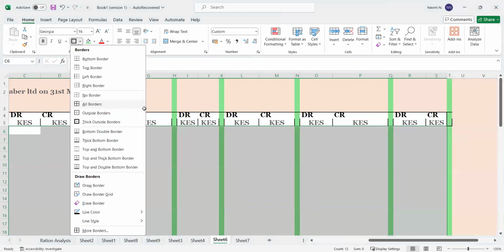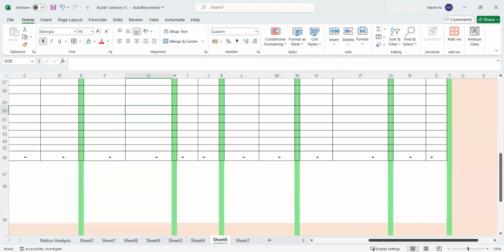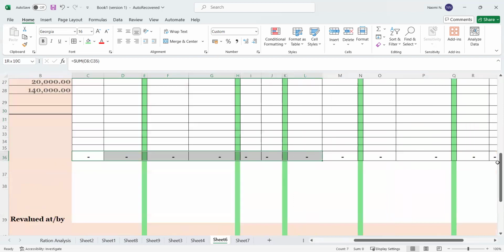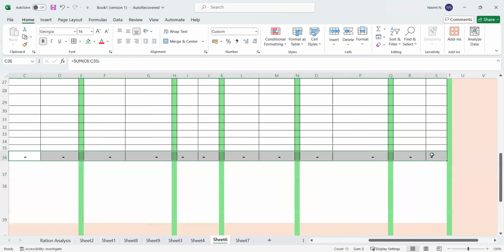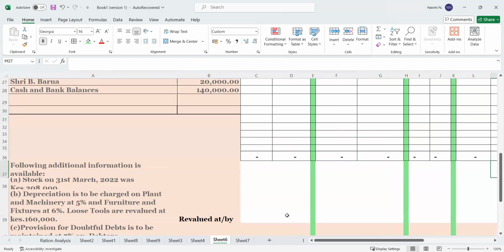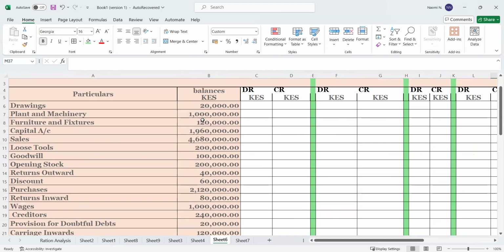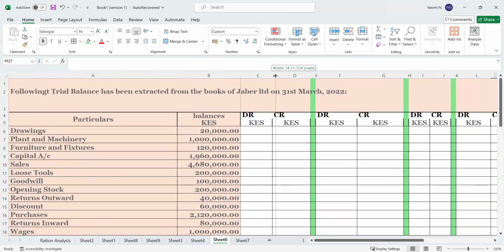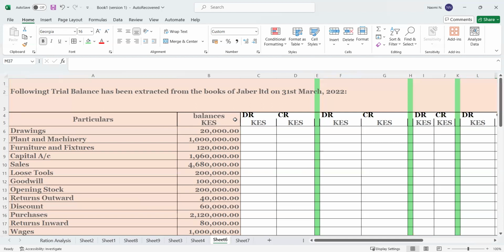Columns here. Then we can have this in bold, Control B. Okay, sawa sawa. So we can start. So drawing, because drawing is a debit. It is a debit item, or has a debit entry.